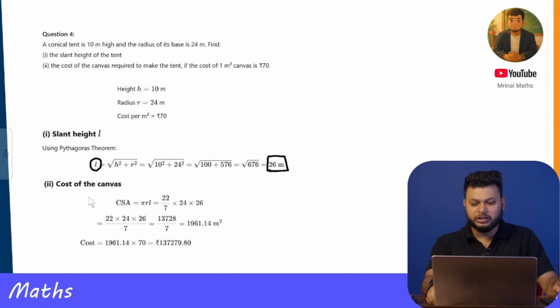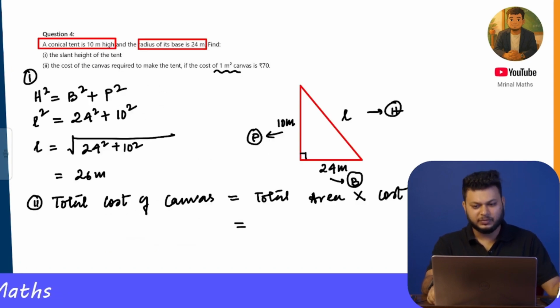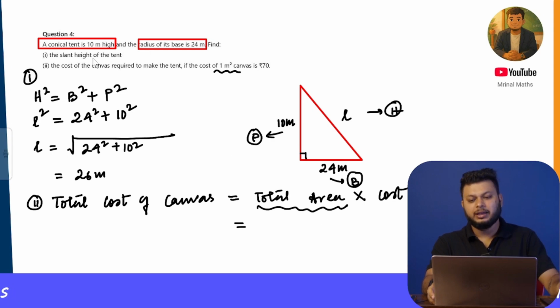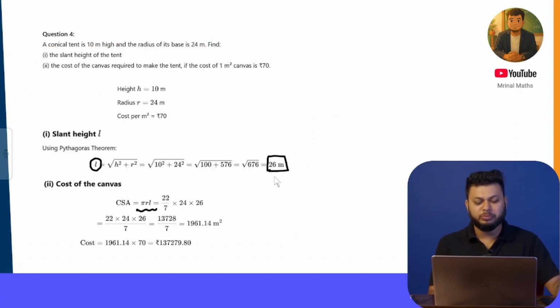As you see, the total area is again nothing but your pi RL, because they talk about a canvas. Let me discuss with you. This is a conical tent. Now why we did not take the total surface area? When I say total area, do not confuse yourself with total surface area, because when you make a tent, you tend to do that over a ground.